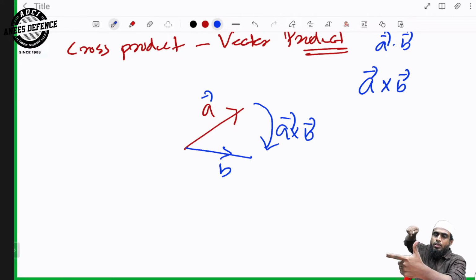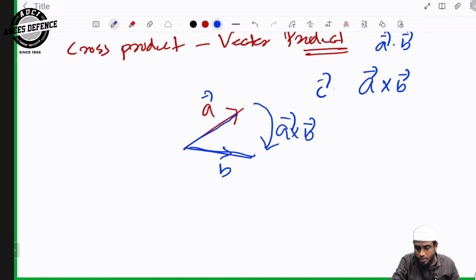So the screw will be coming towards you. If you are turning the other way, the screw goes away from you. So if you consider A cross B, then the third vector can be represented as C, for example, C equal to A cross B, and it will be perpendicular to both the vectors.